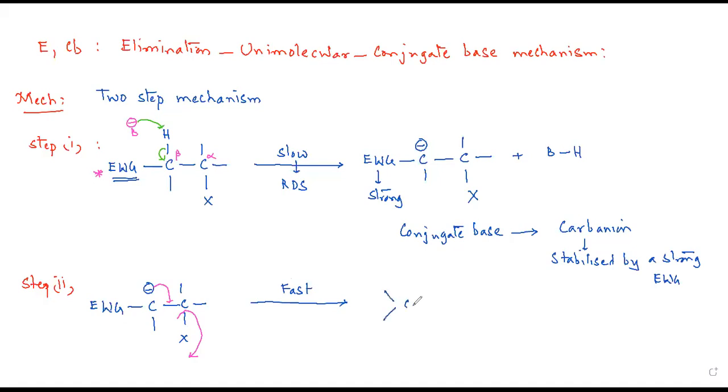Here, of course, we get this, and here, in fact, you have the electron withdrawing group. Okay. So in the first step, we get a conjugate base. That is the reason why it is called conjugate base mechanism.